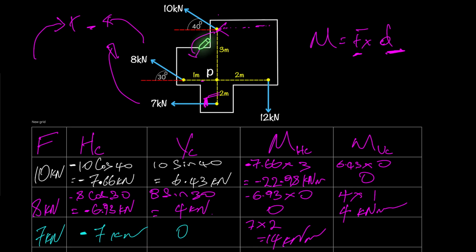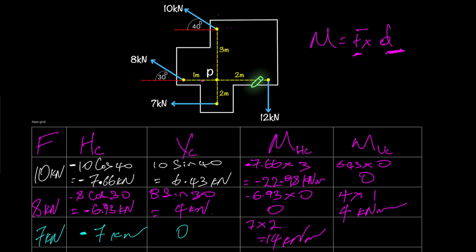I'll erase some of the scribblings in a second. So that's going counterclockwise, hence that was negative. Needed to point out that whilst I was doing it. So for the moments, the signs are dependent on how the system is being rotated, whether it's clockwise or counterclockwise. So that's what determines whether we have a positive moment or a negative moment.